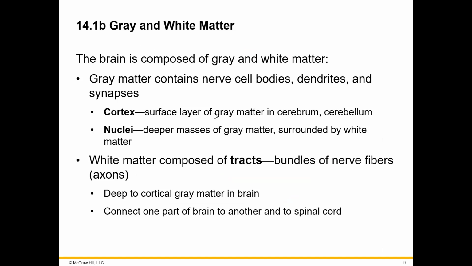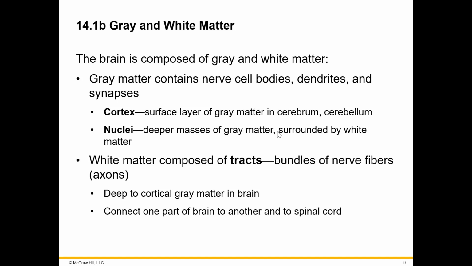And you have the cortex. The cortex is the surface layer of the gray matter in the cerebrum and the cerebellum. Even in the kidney, we have the kidney cortex. So when you hear cortex, that's the surface, that's the outer layer. And nuclei, these are the deeper masses of the gray matter surrounded by white matter.